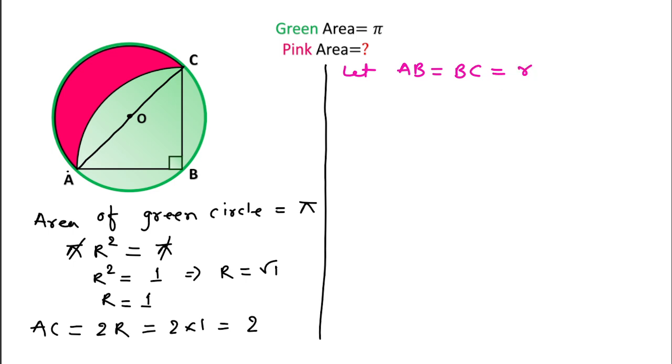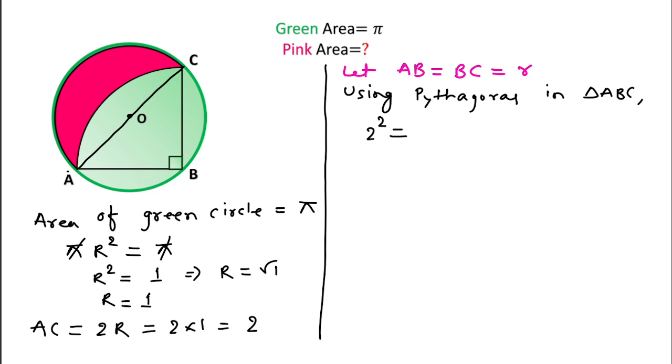So using Pythagoras theorem in triangle ABC, we can write AC square is equal to AB square plus BC square. So AC square is 2 square.